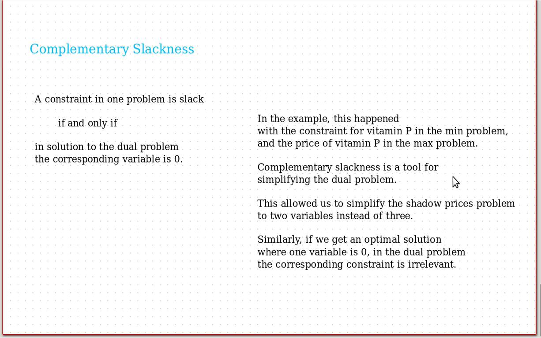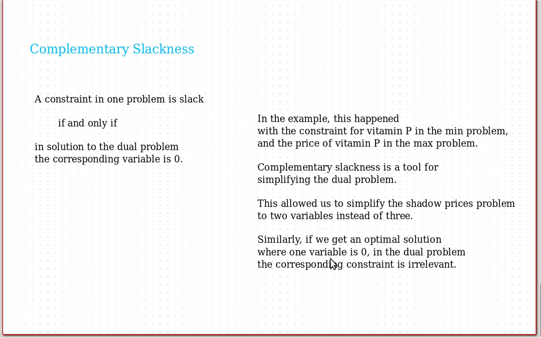We noticed that the constraint on vitamin P was slack, and we used that to simplify the dual problem. It told us that we could ignore the shadow price of vitamin P. We could assume that was 0, and then we only had to worry about the shadow prices of vitamins Q and R. So it simplified the dual problem from 3 variables down to 2, right?